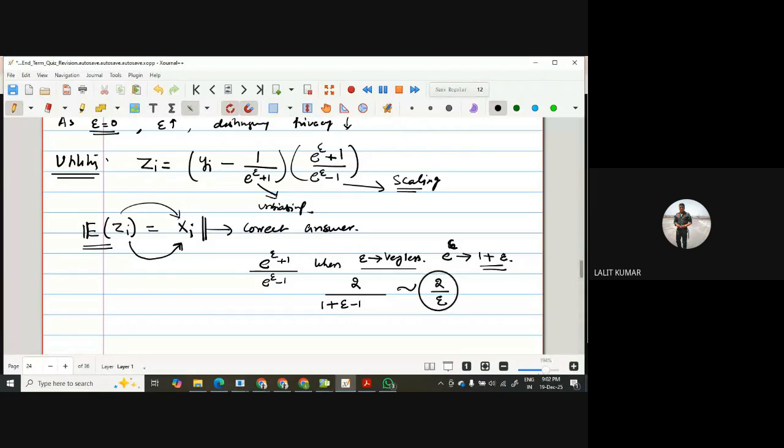What does it mean? It means the standard deviation of this scaling, e to power epsilon plus 1 over e to power epsilon minus 1, is of order 1 over epsilon. Is that okay?